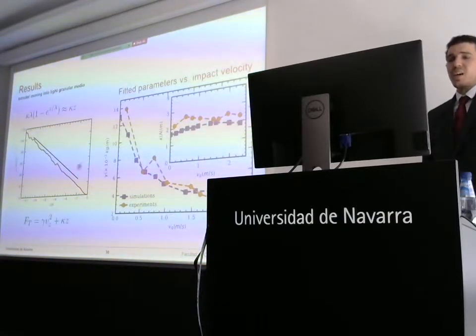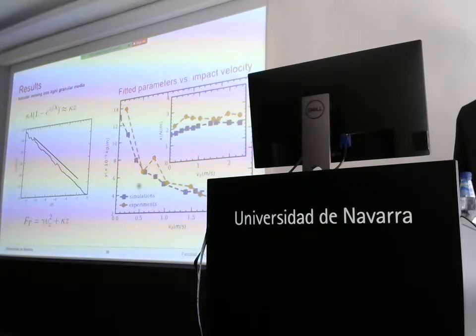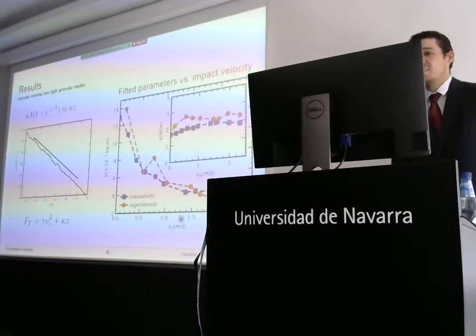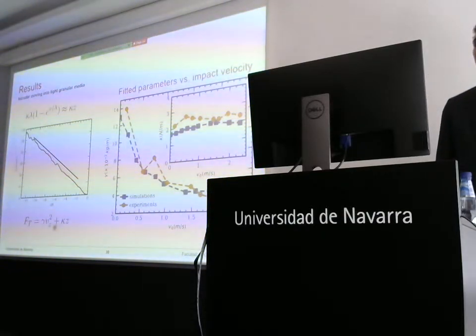From the systematic study for different impact velocities, we obtain the best fitted parameters using this model. And we have here the viscous constant against the impact velocity, and the frictional constant against the velocity. We can see that the viscous parameter depends strongly on the velocity when the velocities are small.